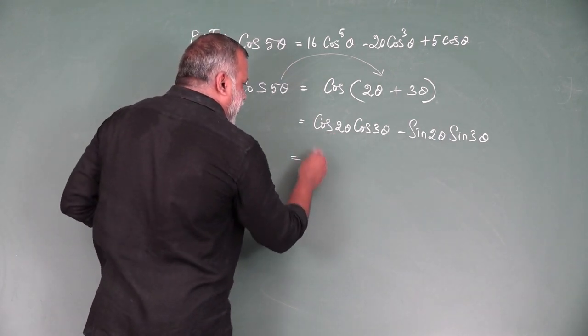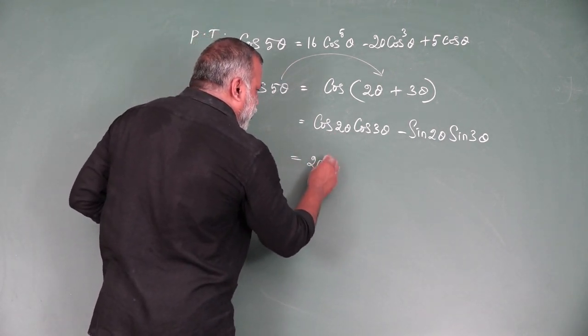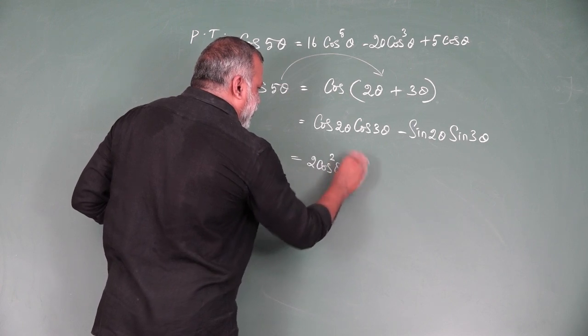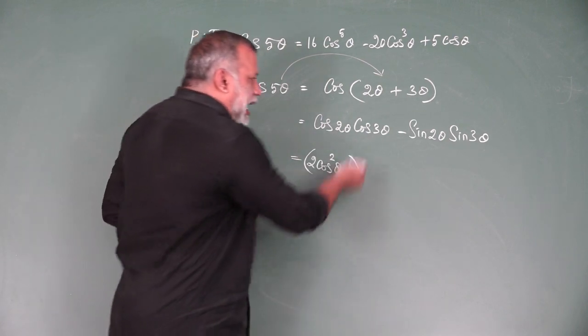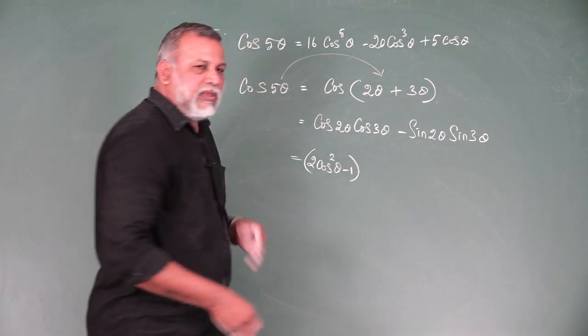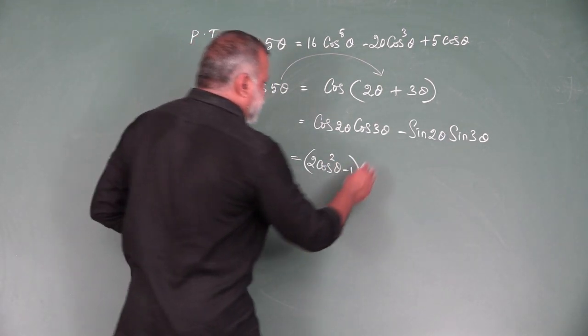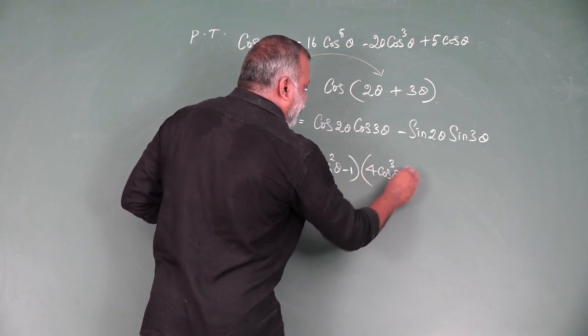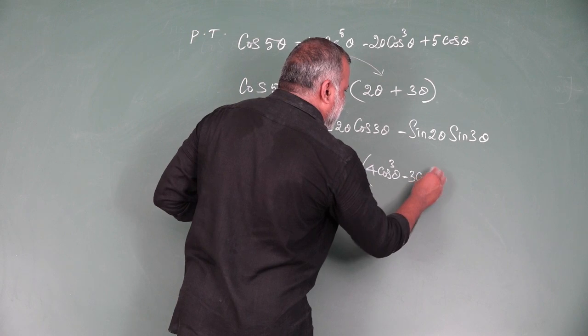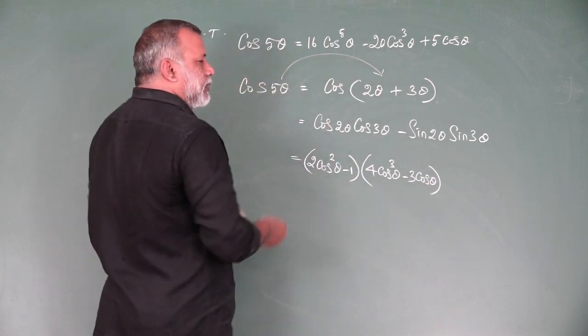Now cos 2 theta can be replaced as 2 cos square theta minus 1. After this, we have the cos 3 theta formula. Just now we used 4 cos cube theta minus 3 cos theta. Use this one.